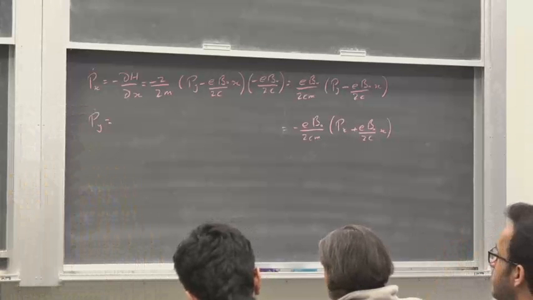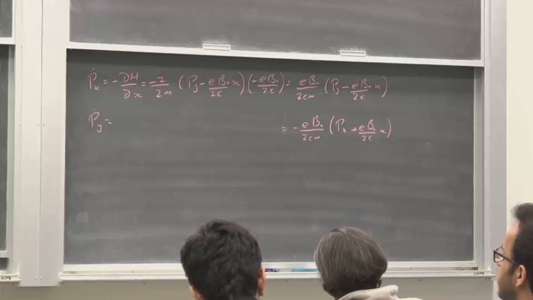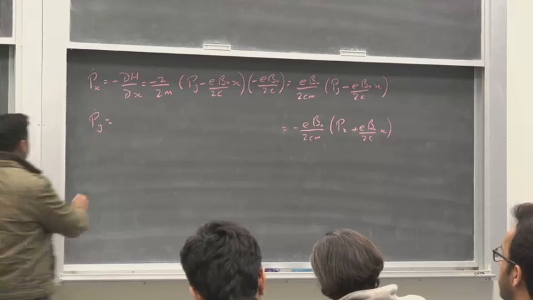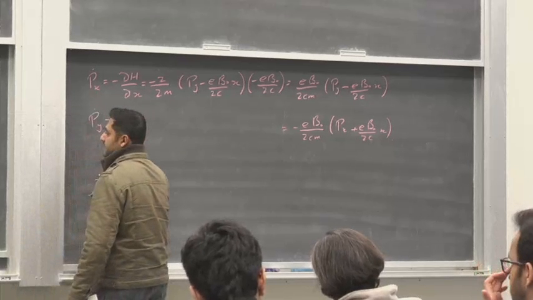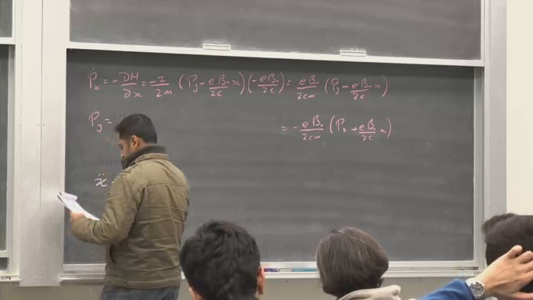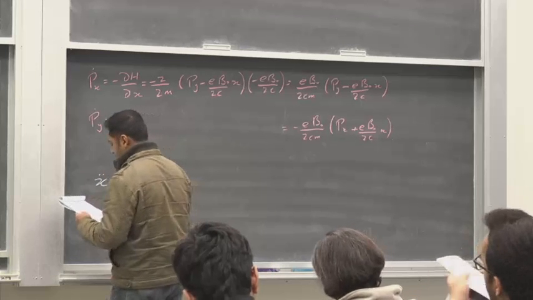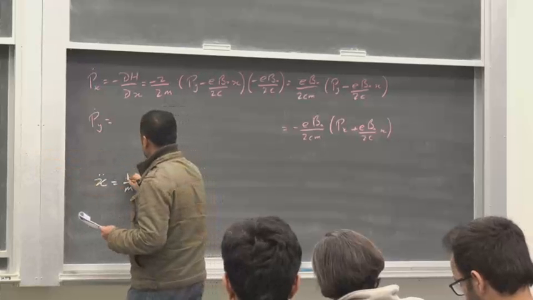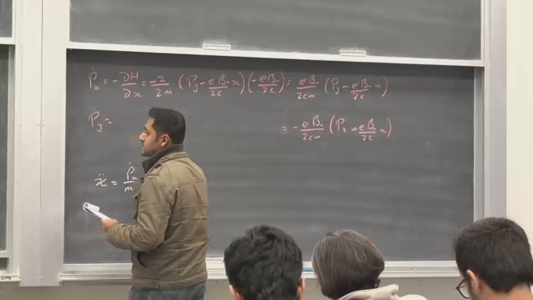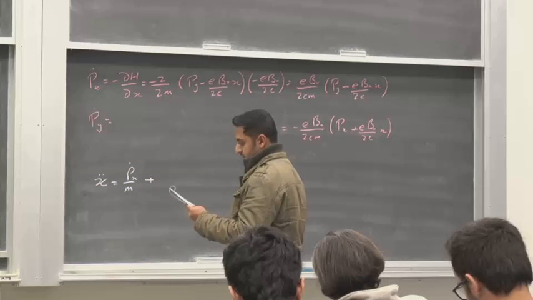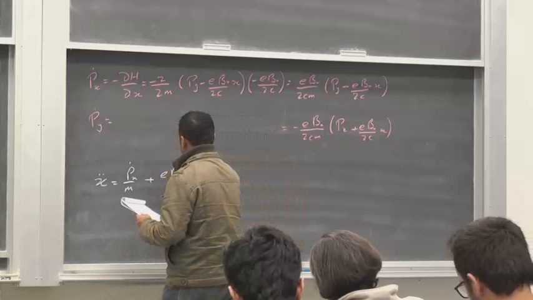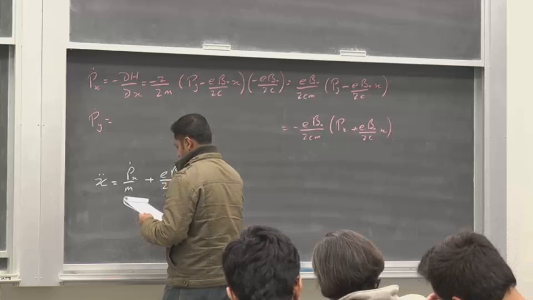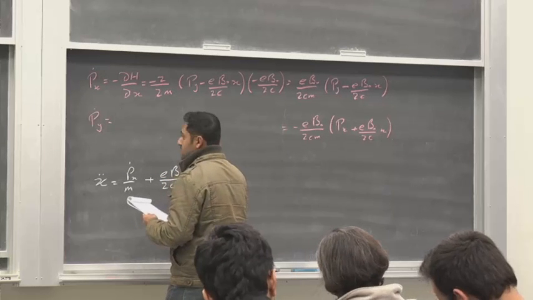If I take the time derivative of this equation, I get x double dot equal to 1 over m times px dot plus e v naught over 2cm y dot.